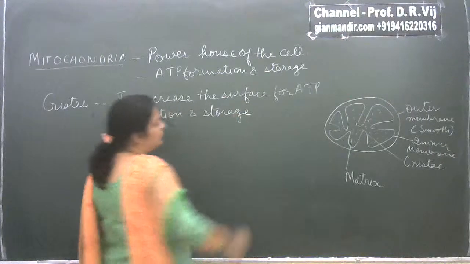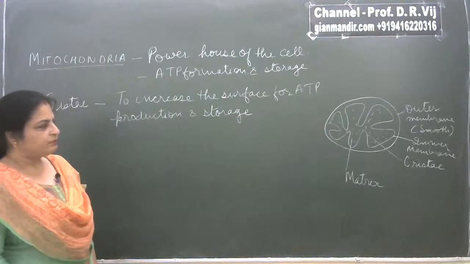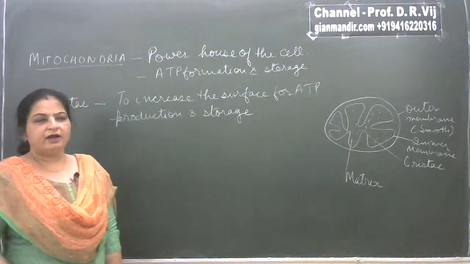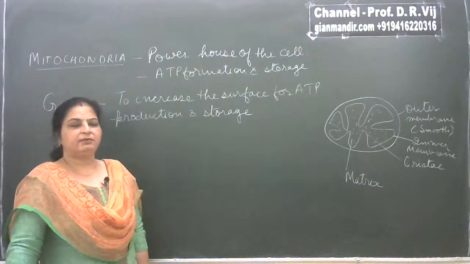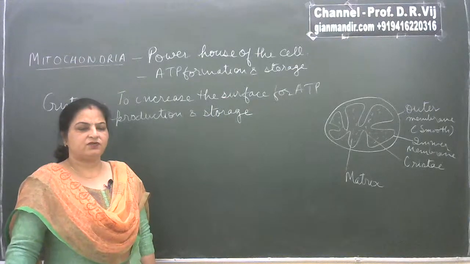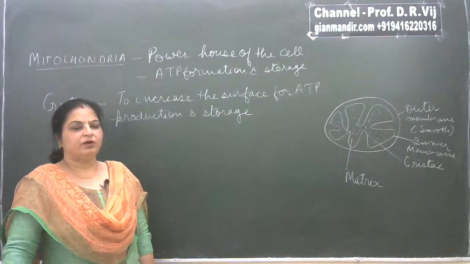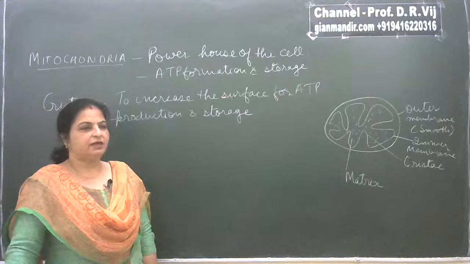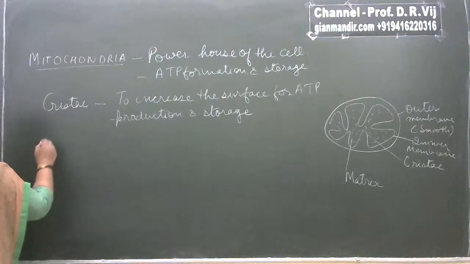The cristae are folds present in the inner membrane of mitochondria, and their main function is to increase the surface area so that more and more ATP can be produced, generated and stored.